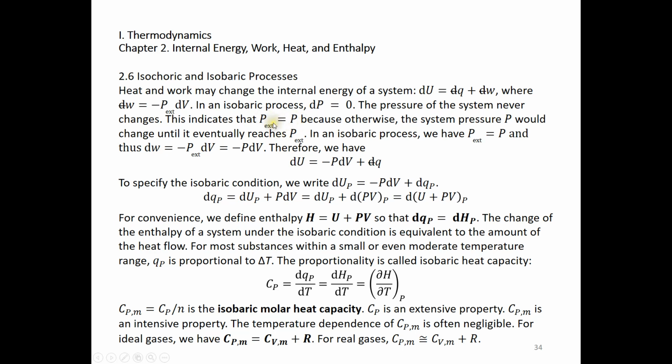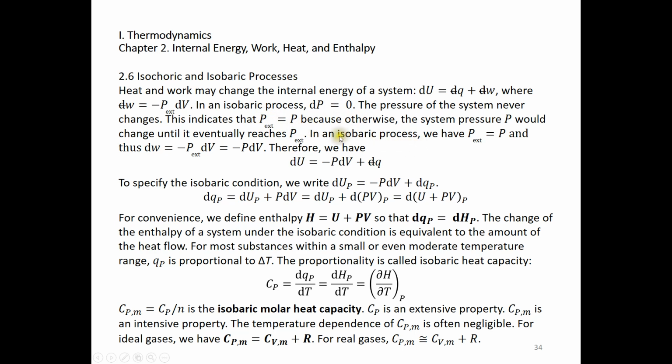If P external is smaller than P, the system will expand until its pressure decreases to that lower level. Therefore, for an isobaric process, usually we just assume P external is equal to P.